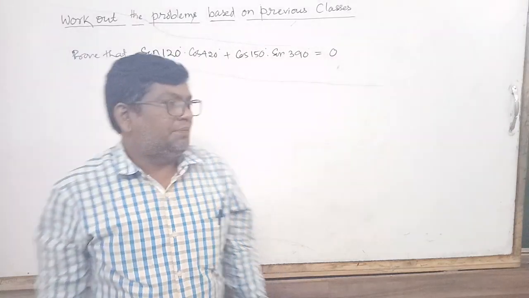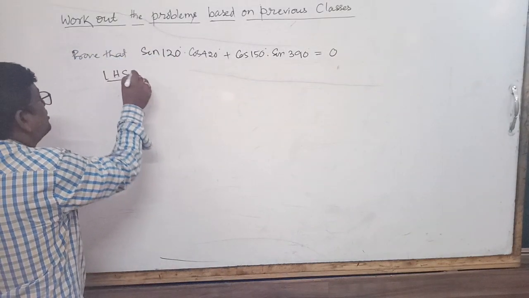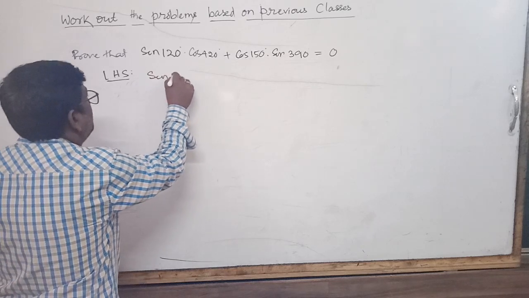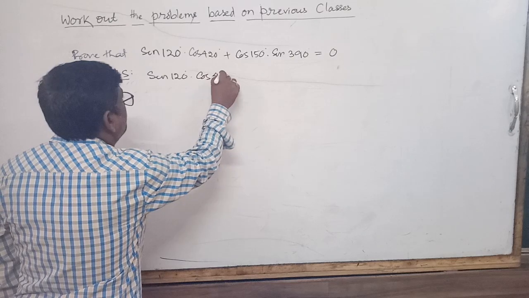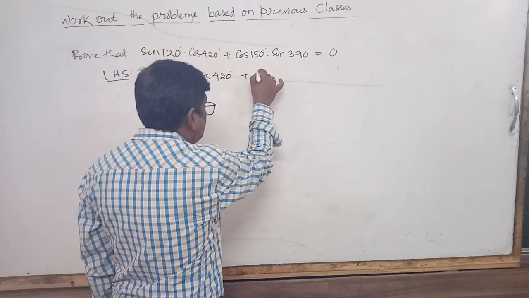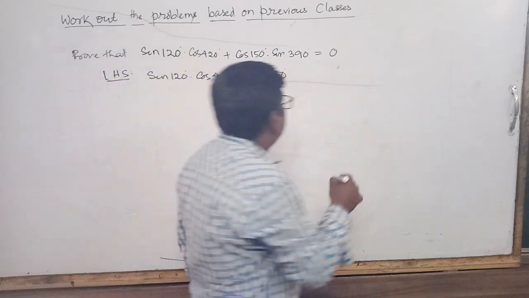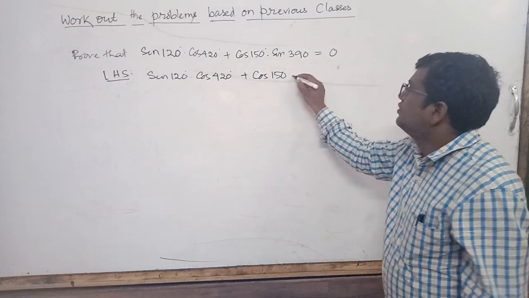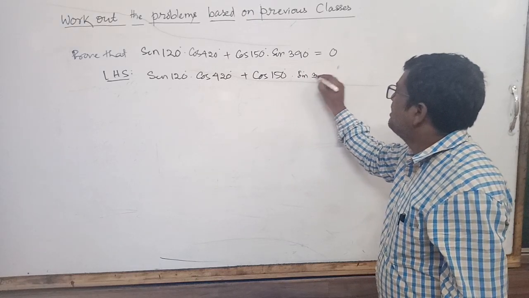Now take left hand side: sin 120 degree into cos 420 degree plus cos 150 degree into sin 390 degree.